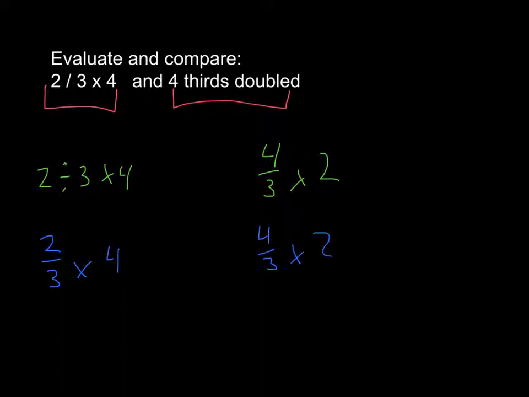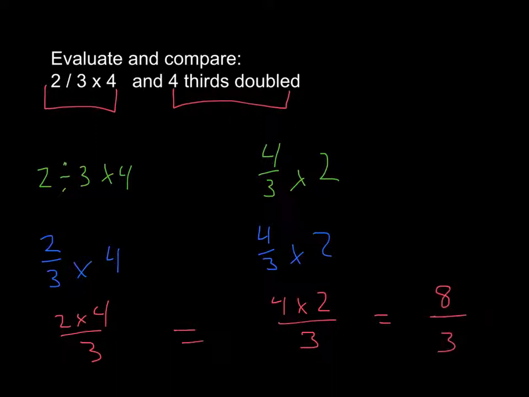And if we multiply them across, 2 times 4 over 3 is the same as 4 times 2 divided by 3, which is equivalent, or the same as, equal to 8/3, which we can then simplify and turn into 2 2/3.